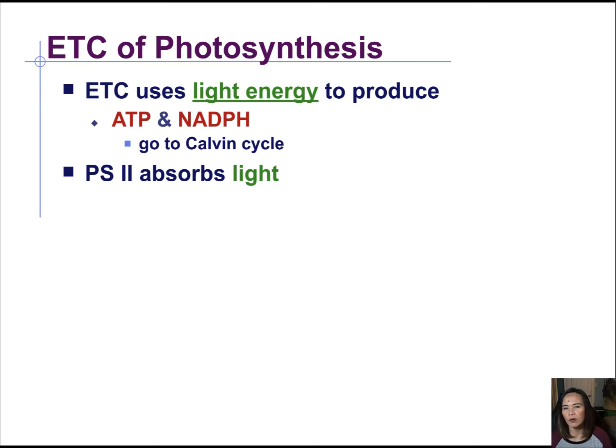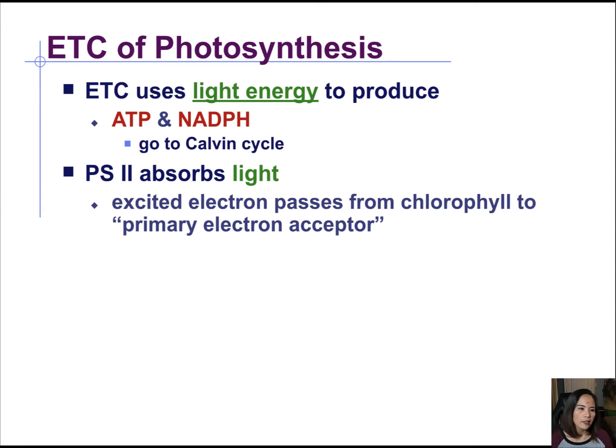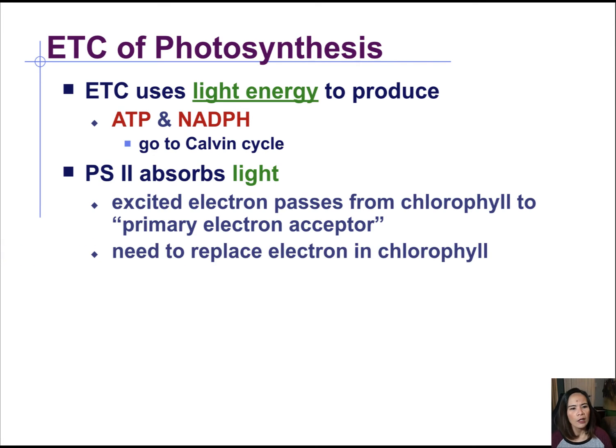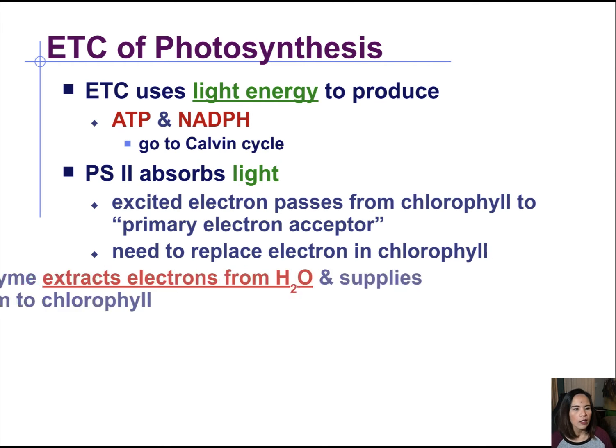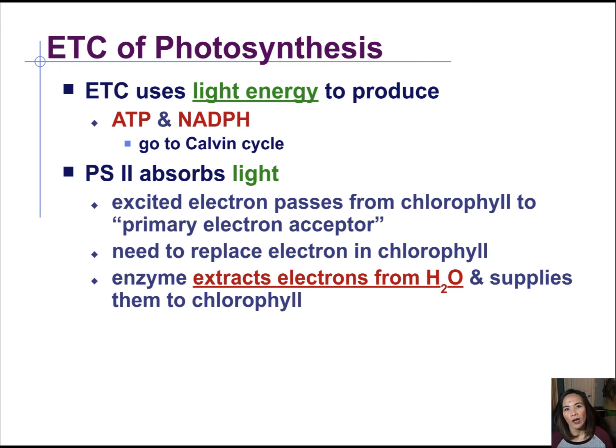So basically, I keep on repeating that you need energy in order to produce the food of the plant, which is your glucose. Now, PS2 or photosystem 2 absorbs the light and excites those electrons, passing them from chlorophyll to the primary electron acceptor. To replace the electron in the chlorophyll, the enzyme extracts electrons from water, which is of course a component in the chemical reaction of photosynthesis, and supplies them to the chlorophyll.